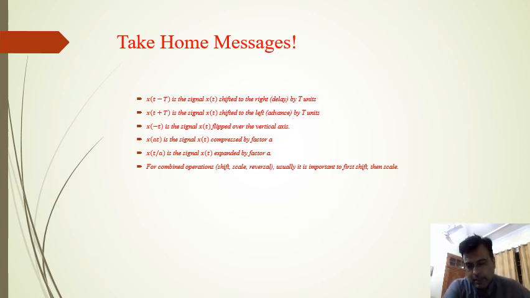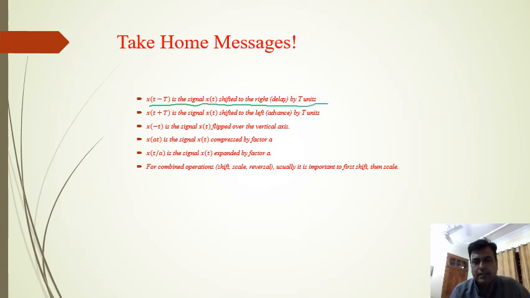Okay, so some important points which we discussed in today's lecture, let us briefly revise them, what we have discussed. So x of t minus capital T is the signal xt shifted to the right by capital T units.